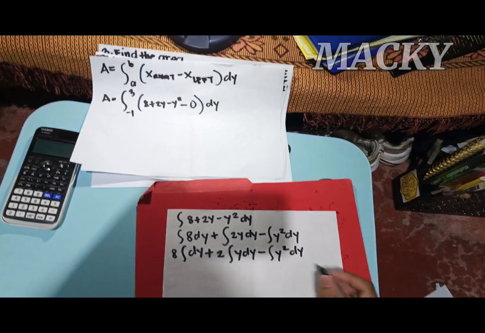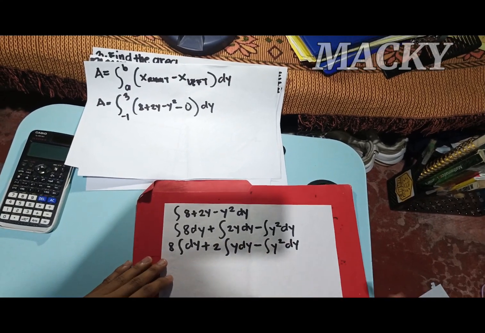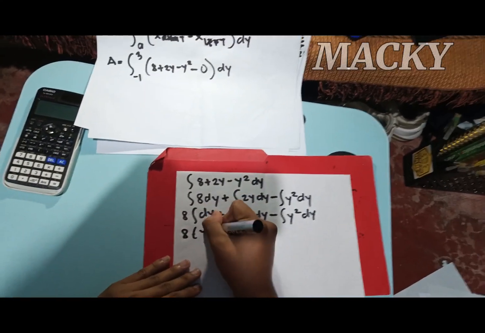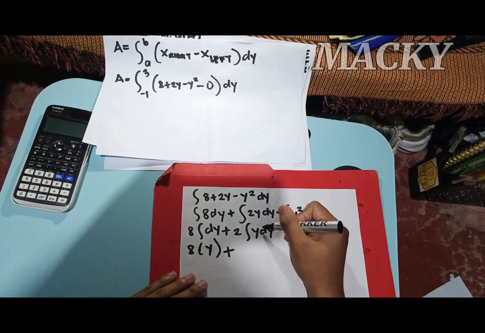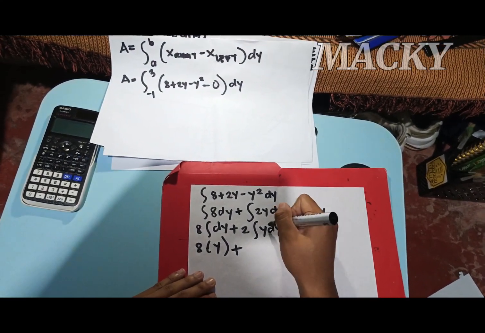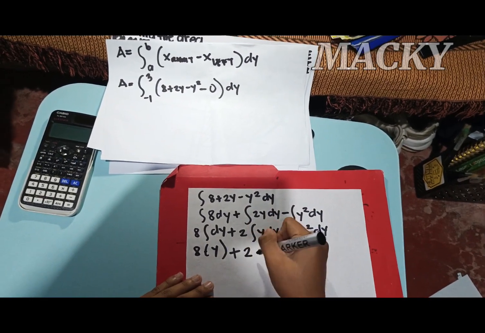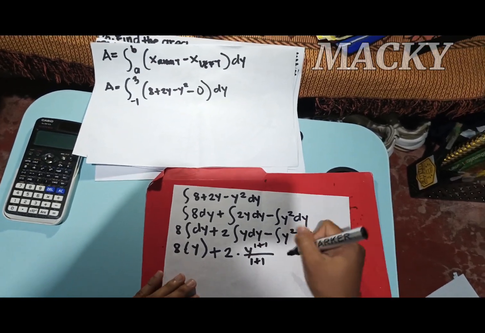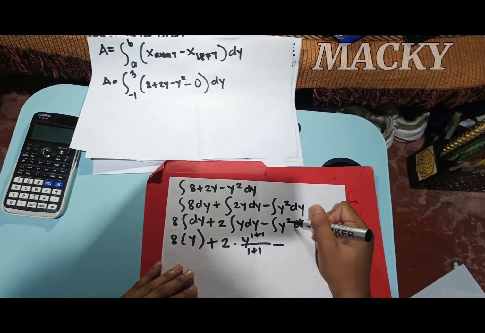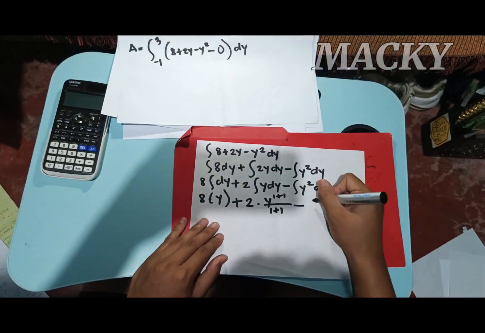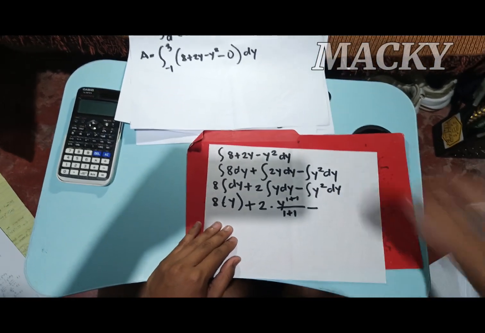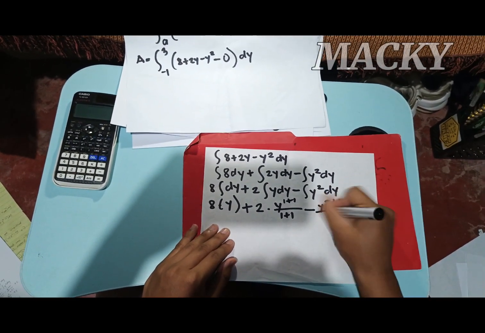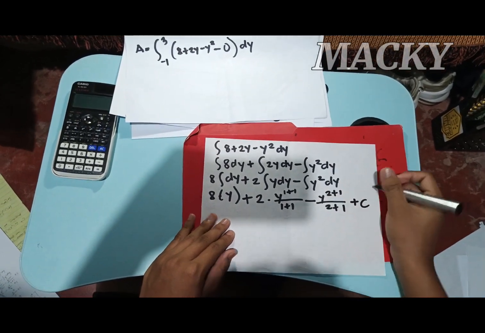Next, we integrate what is inside. 8 times the integration of dy, which is just y, plus the integration of y where we use n plus 1 over n plus 1. So 2 times y with exponent 1 plus 1 over 1 plus 1, minus y squared, using the same formula, y to 2 plus 1 over 2 plus 1, plus c.